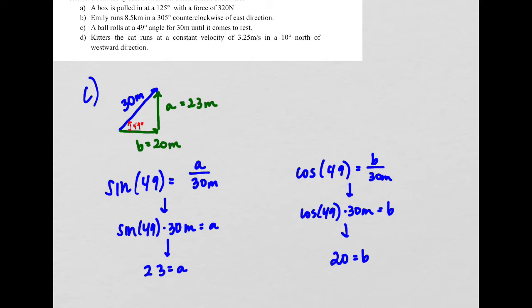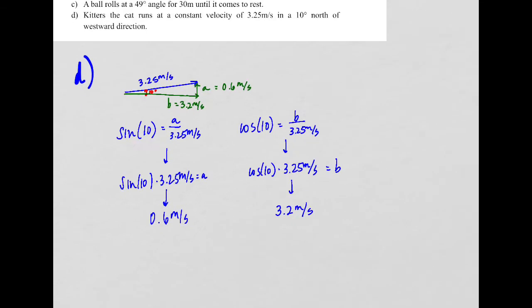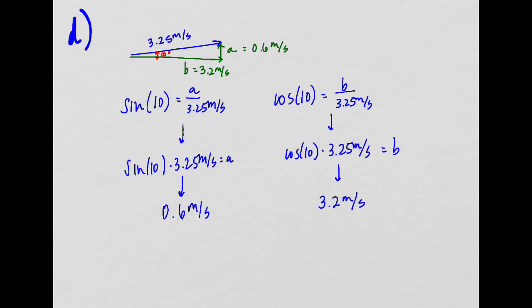And moving on to 2D, I'm going to do the same thing. Here is the answer. All right, so there we go. There is our answer for the last one. You can pause that again. What I did here is I did the exact same thing, drew out my diagram. I have 10 degrees counterclockwise of east, so I have a very, very tiny angle here, which means A is very small.